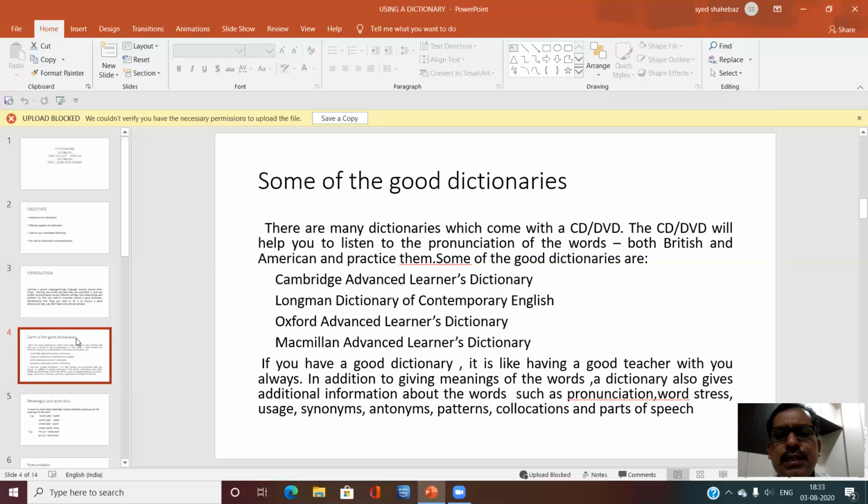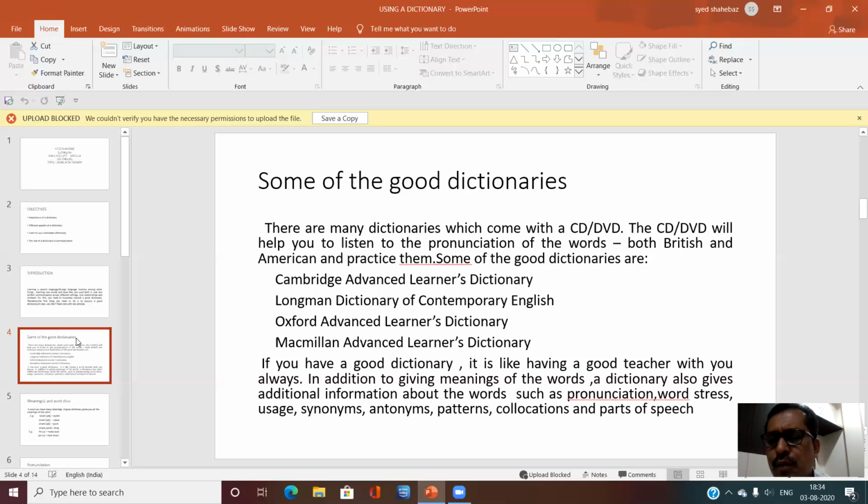There are many dictionaries which come with a CD or a DVD. The CD or DVD will help you listen to the pronunciation of the words, both British and American, and practice them. Some of the good dictionaries are Cambridge Advanced Learners Dictionary, Longman Dictionary of Contemporary English, Oxford Advanced Learners Dictionary, Macmillan Advanced Learners Dictionary.